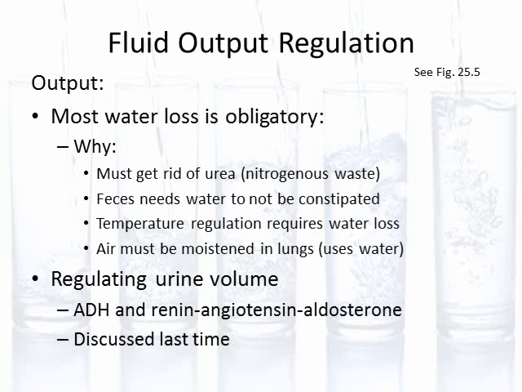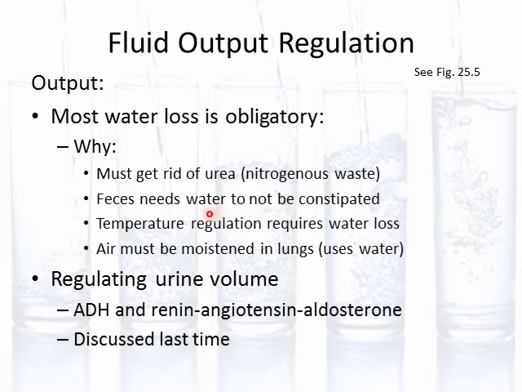Okay, so of all that water we have in our body, we're going to talk real briefly about how we regulate how much of that fluid leaves the body, here on regulation of fluid output. And then the next slide will be how much of that fluid comes in, so regulation of fluid intake. So on the output side, most of our water loss is what's called obligatory. We can't really control it. It just happens. We have to use fluid to get rid of urea in our urine, that's the nitrogenous waste from breaking down proteins and nucleic acids.